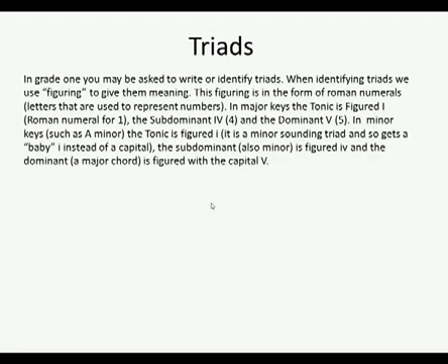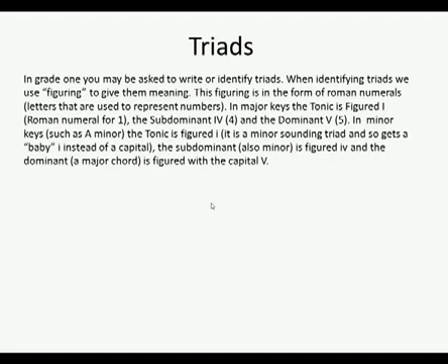In major keys, the tonic is figured with a capital I, which would be the Roman numeral for 1. The subdominant would be figured with a capital I next to a capital V, which is actually the Roman numerals for 4. And the dominant would be figured with a capital V, which is the Roman numeral for 5.